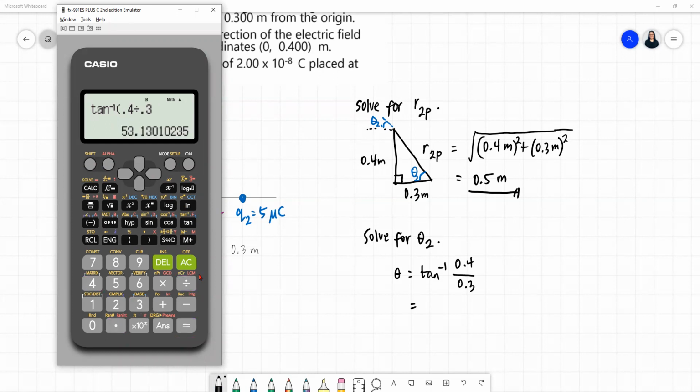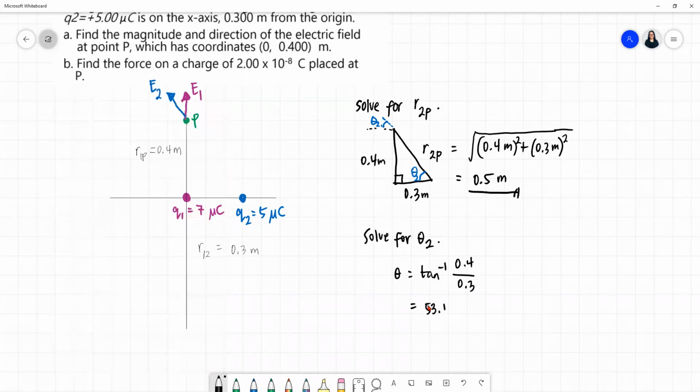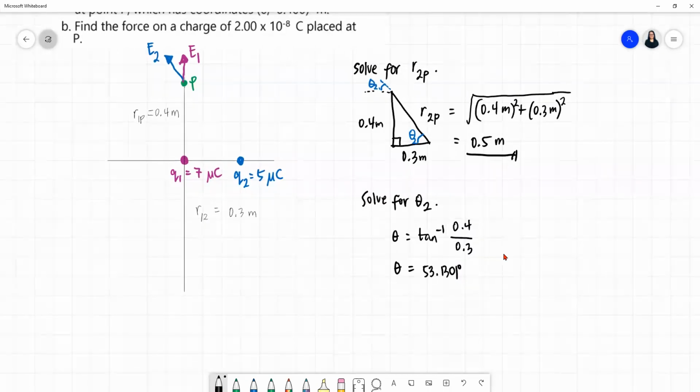So it would be equal to 53.1310235. Let's just round up to the fourth decimal place. 53.1301 degrees. Okay, or in standard position. It's in the second quadrant.